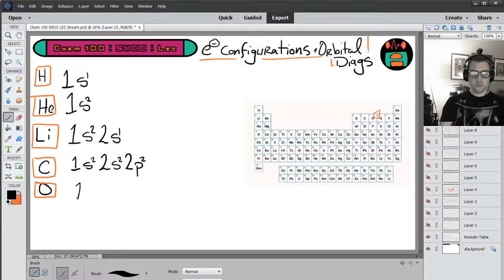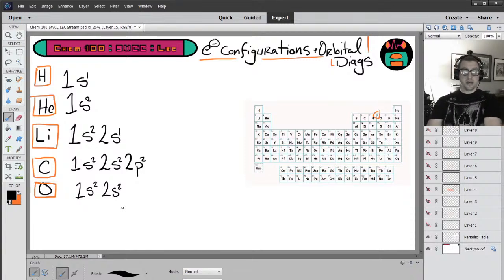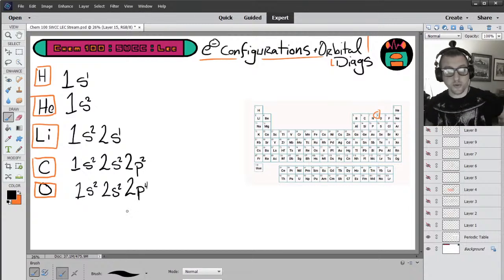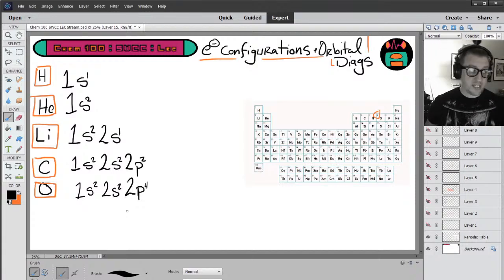Our first 2 will house in the 1s subshell. Our next 2 go into the 2s subshell. And our remaining 4 go into the 2p subshell. So this is the electron configuration for oxygen.